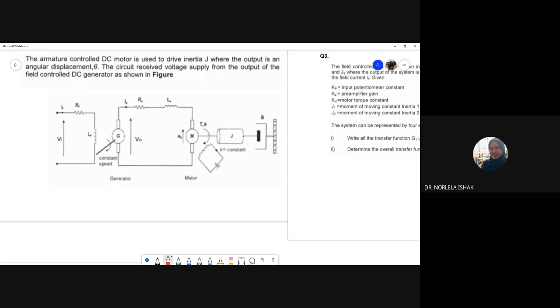The microcontroller DC motor is used to drive inertia where the output is angular displacement. And the circuit receive voltage supply from the output of the field controller DC generator as shown in figure. So meaning V0 is the input to the armature circuit and V0 is output generator. So meaning the first system is what? What's your input? Input is VI, is it? What is the first system? First subsystem you can derive here.